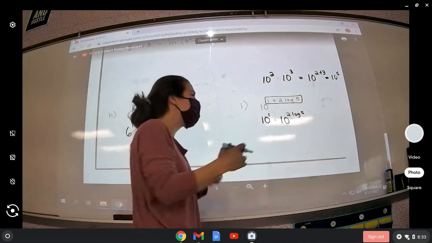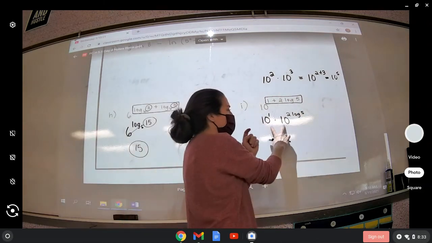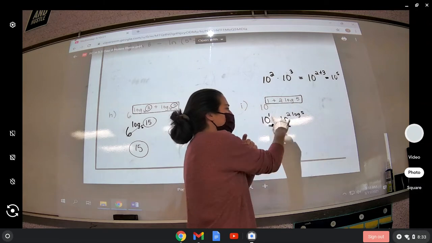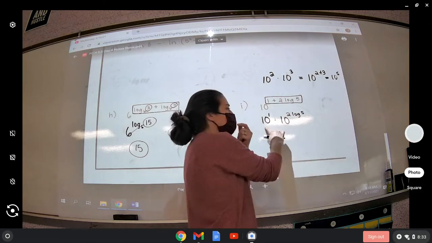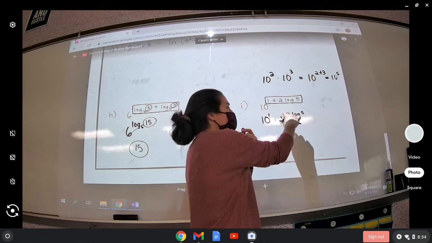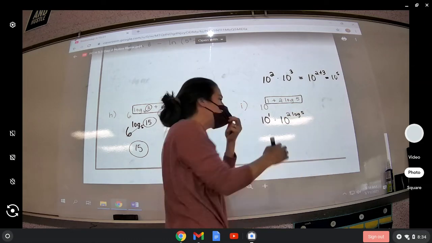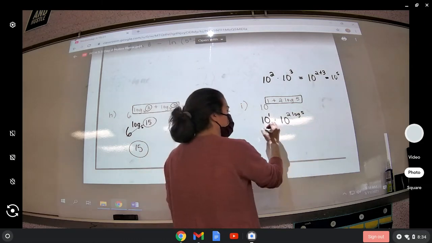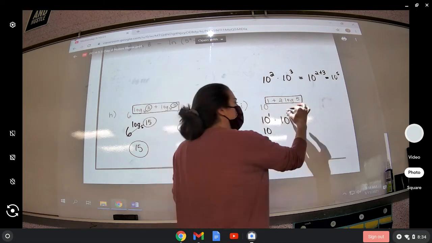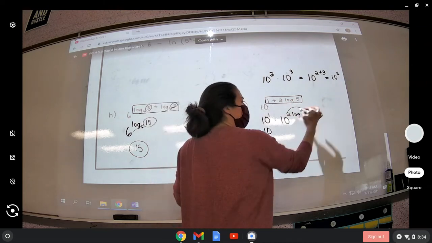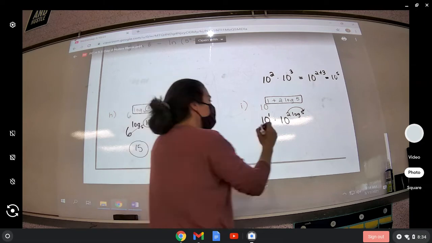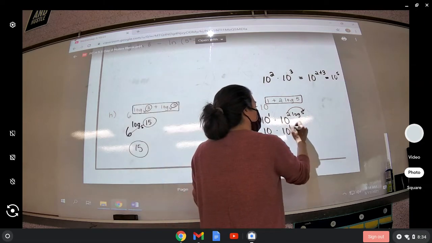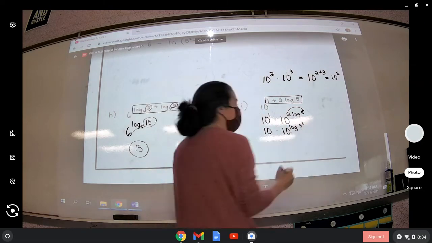I can definitely do that because what would I do now if I'm multiplying two base 10 exponentials? I would add their exponents and it would become 10 to the 1 plus 2 times log 5. So guys, 10 to the first is 10. I can throw this 2 back up as an exponent, and now it's 10 to the log of 5 squared.